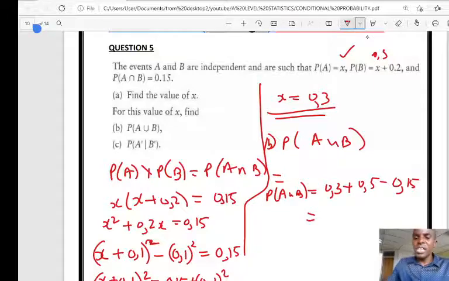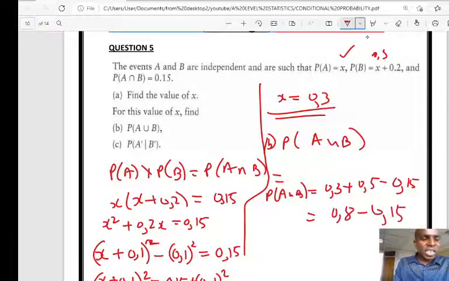Take note. Then this will be 0.8 minus 0.15, you get 0.65. Then you can say done.